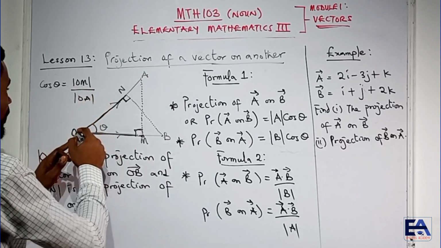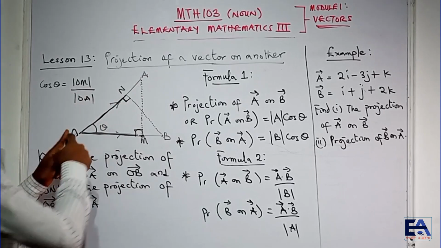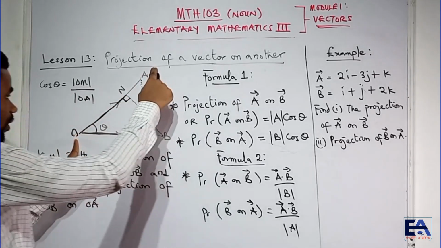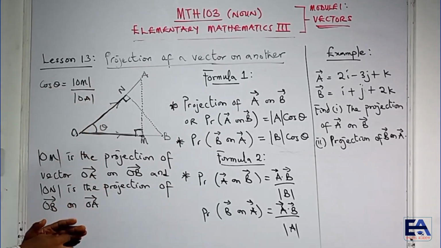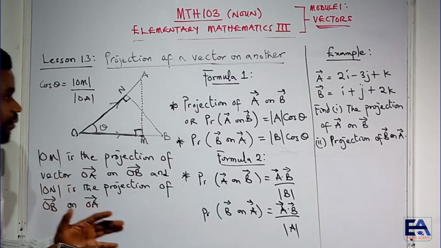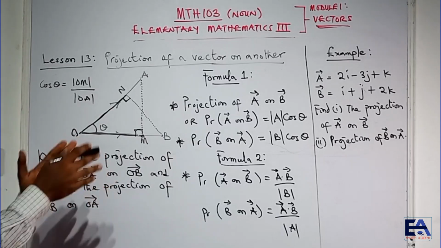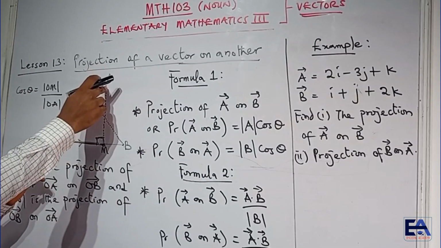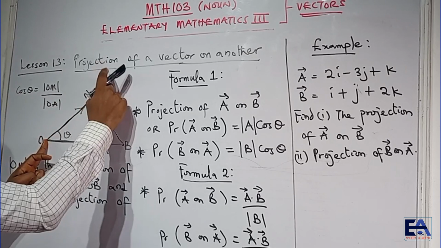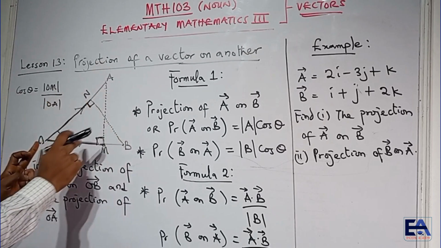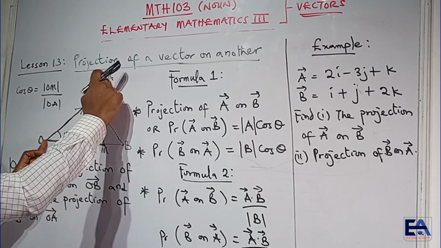I'm not talking about the vector OA itself, but the length of that vector, the magnitude of that vector. That is the reason why I'm putting it inside bars, to show the magnitude. So the magnitude of vector OA is representing the hypotenuse.